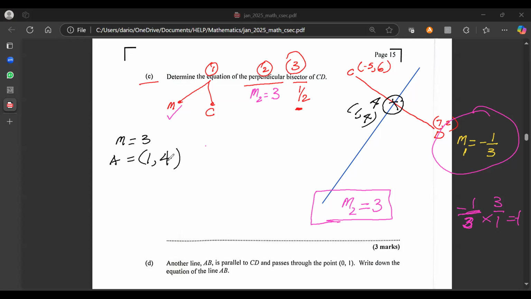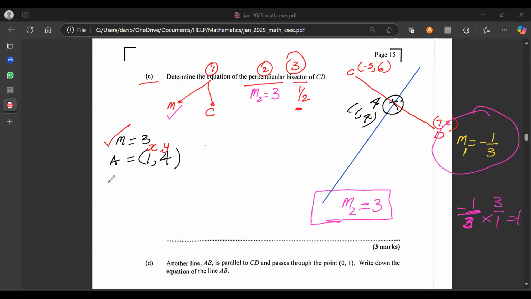Remember, that is an X value and a Y value. To find the equation, we must know M. We found that already. And we must know C. We do not know what C is.